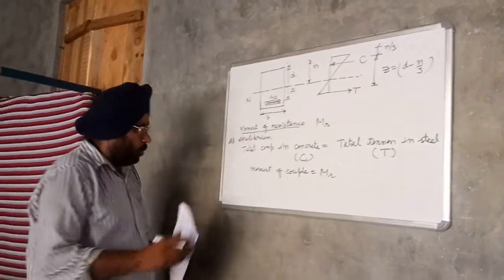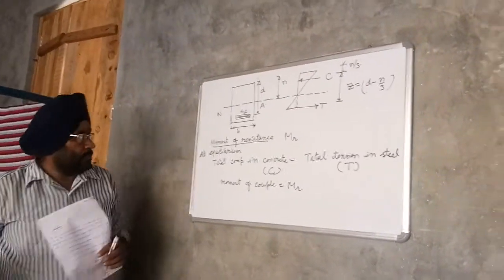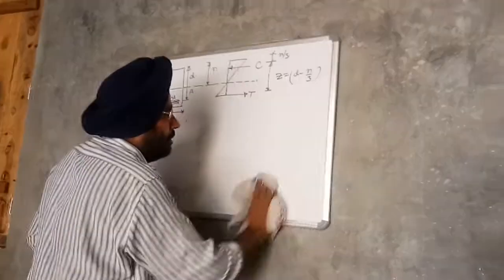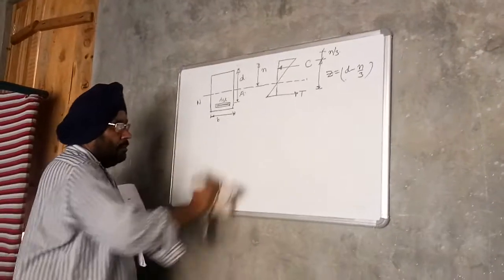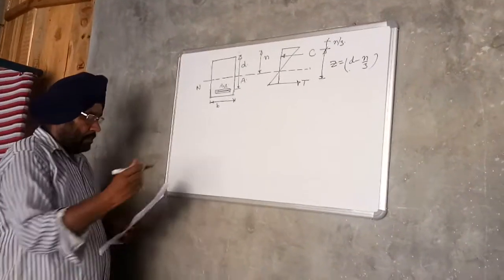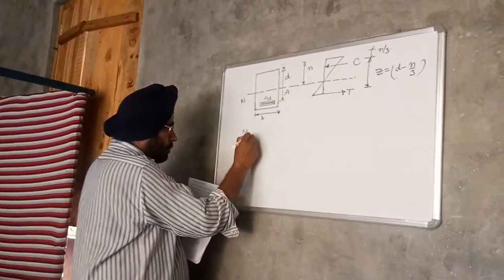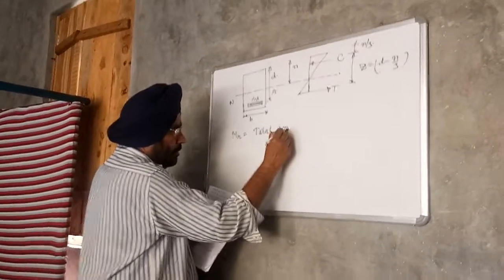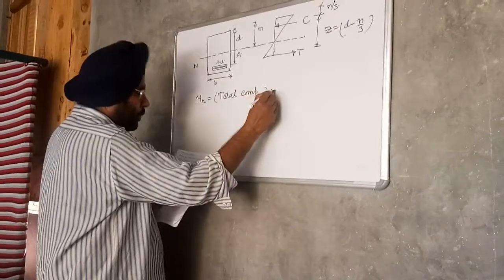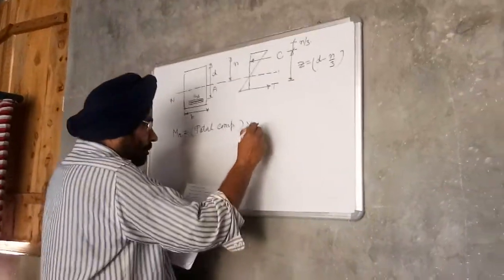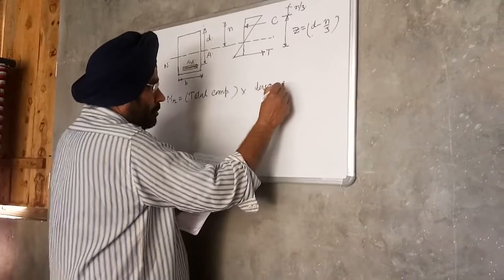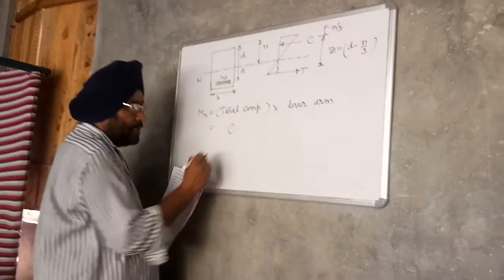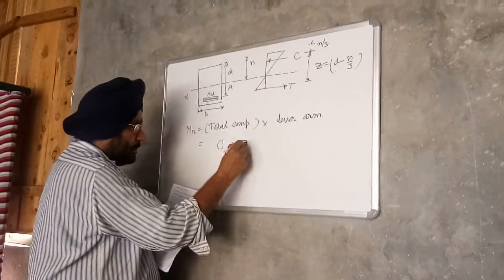So it means moment of resistance is equal to total compression into lever arm Z.